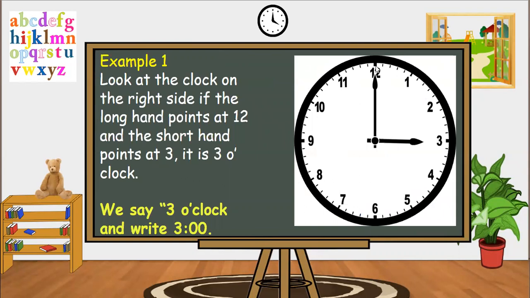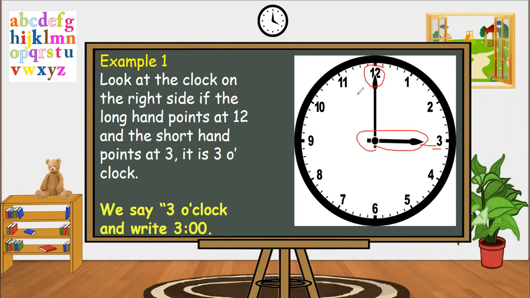So now let's go to example number 1. Look at the clock on the right side. If the long hand points at 12 and the short hand points at 3, it is 3 o'clock. Look at this one. By looking first at the hour hand, the short hand points at 3 and the minute hand points at 12.